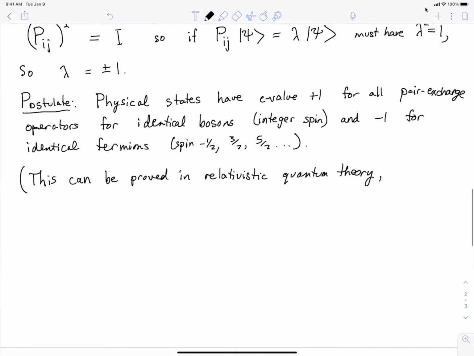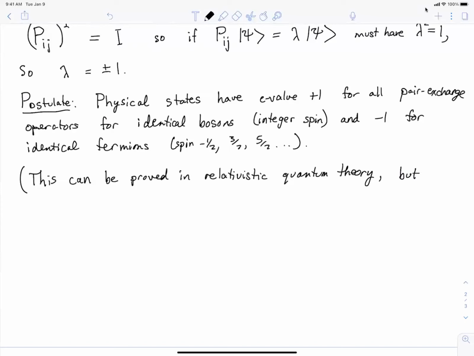But in general, suppose I just want to imagine a universe that doesn't have relativity built into it. Then you would either have to take this as a postulate, or you could just take it as something that there is overwhelming experimental evidence for. Okay, so for us, we'll treat it as a postulate from now on.